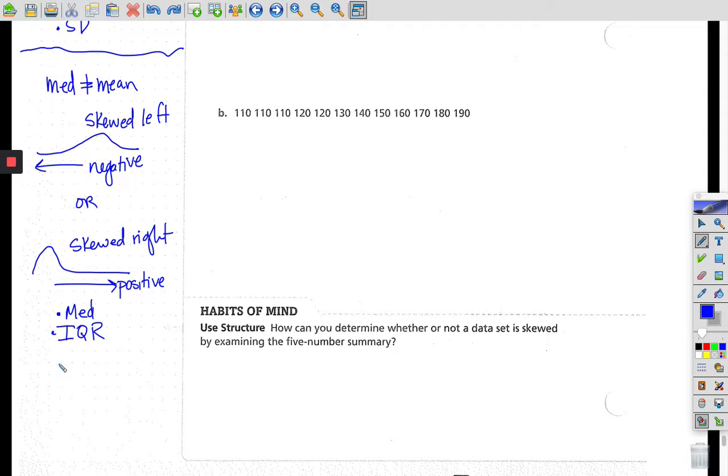IQR is interquartile range, which is Q3 minus Q1. Or they could possibly want your range, which is max minus min.